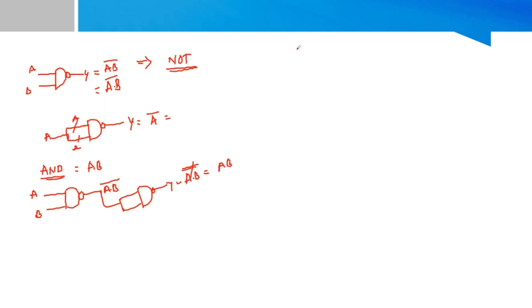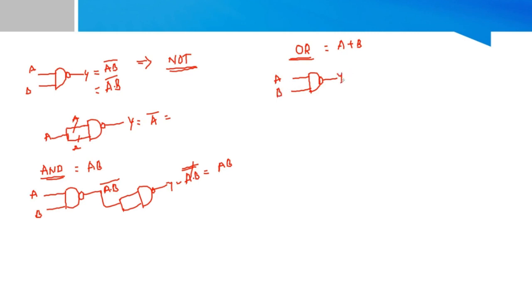Okay. Next, you want me to implement the OR gate. How will you get the OR gate, because you need A plus B, right? This is A, this is B, and this is a NAND gate.